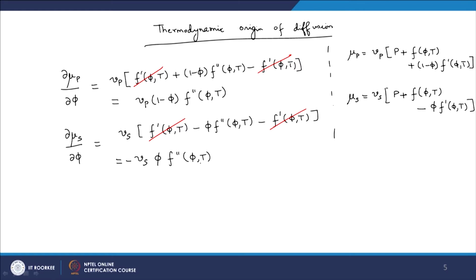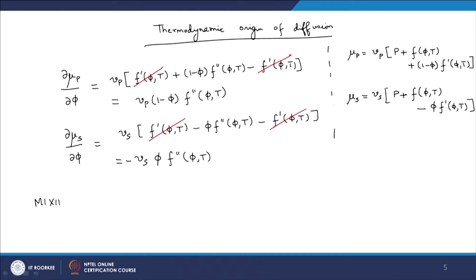Now let us go back to the original idea that for mixing, f double prime is higher than 0, which came from the concave nature of that. If f double prime is higher than 0, we can see from here that dou mu p by dou phi is higher than 0, and dou mu s by dou phi, from the expression here, must be less than 0.